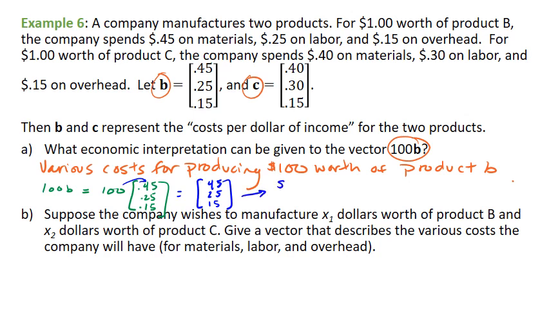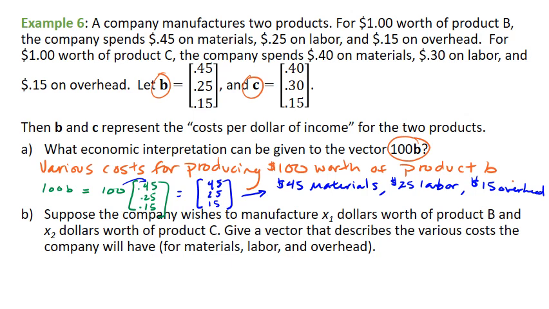This tells us that in order to produce $100 worth of product B, we will use $45 for materials, because that's what the first entry represents, $25 on labor, and $15 on overhead. And that's basically how you interpret these matrices.